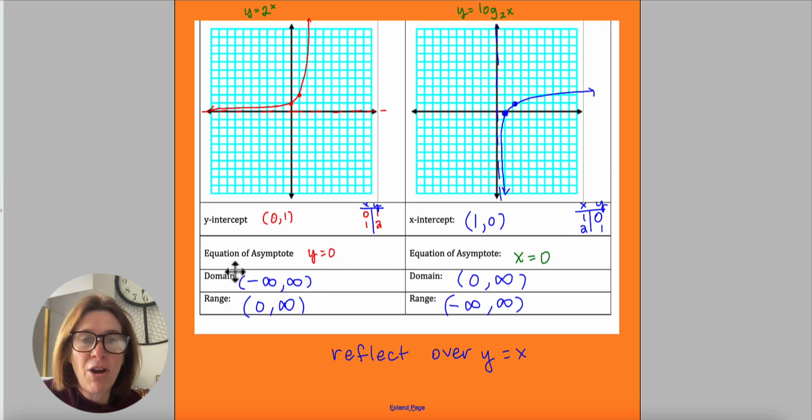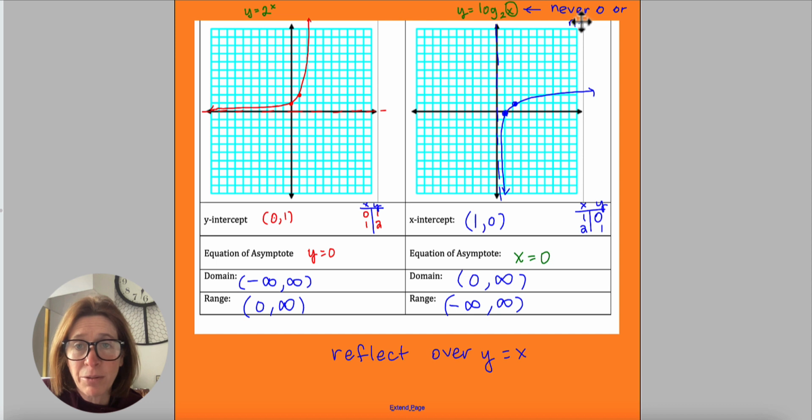Now, a couple things that we talked about in class, I just want to make sure you understand, is that based on this graph, this value right here, we call that the argument, that value can actually never be 0 or negative. So never 0 or negative.